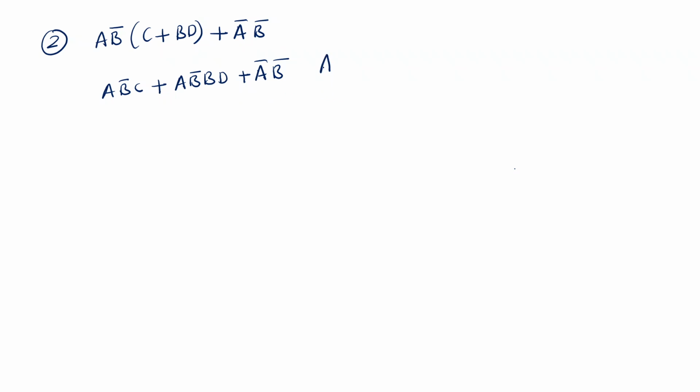You know that B and B bar equal to what? 0, no? So this one is nothing but 0. So AB bar C plus 0 plus A bar B bar. Now you know that A OR 0 equal to what? A, no? So I can write this as AB bar C plus A bar B bar.